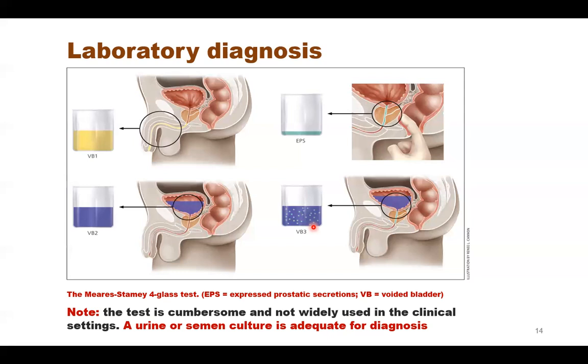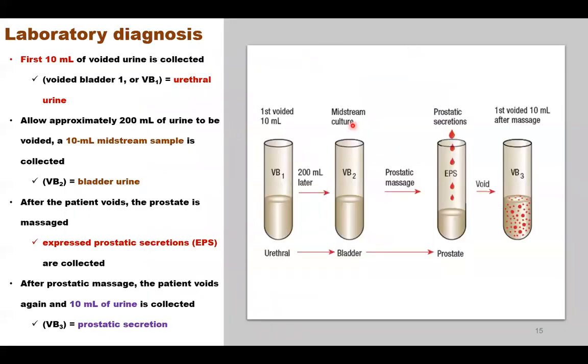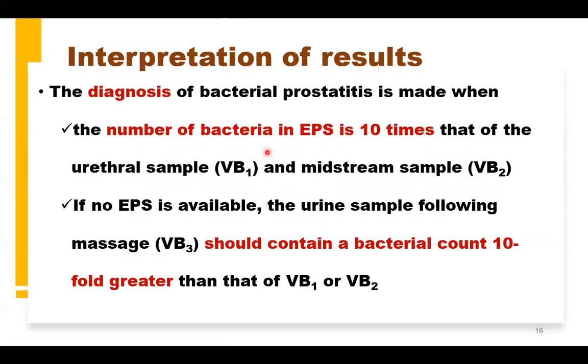Then you're going to perform prostatic massage, and then you collect the post-massage urine, and that's it, okay? So the procedure I just explained, reflecting the volume of urine that you're going to collect, is depicted in this picture. So now, how do you interpret the result?